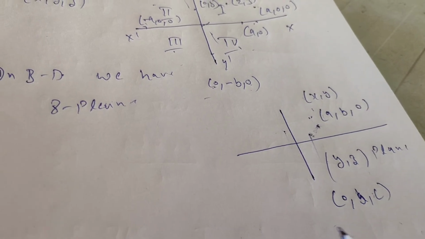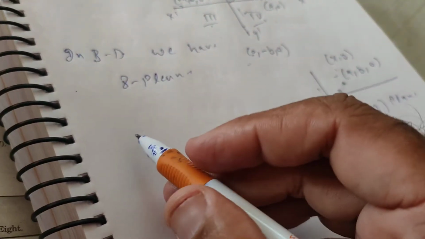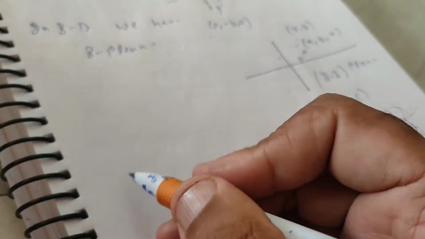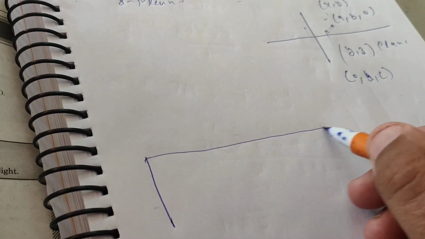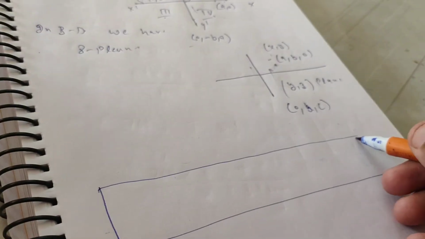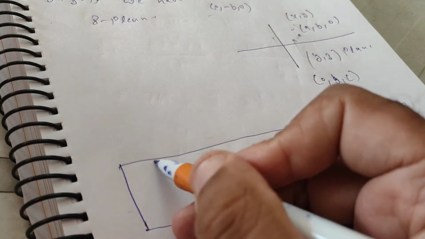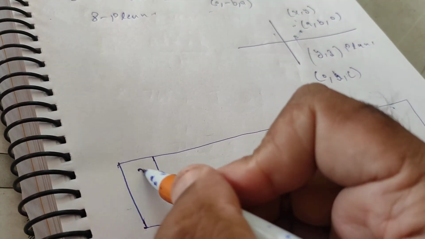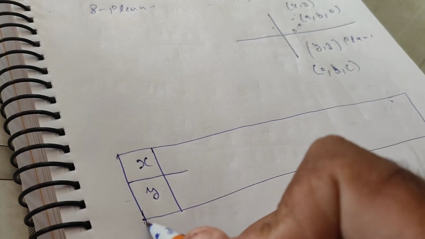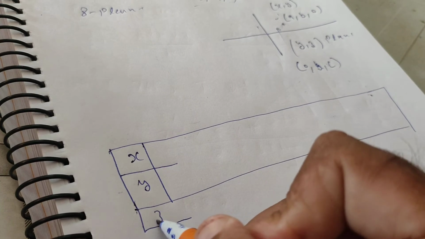Simple, just. Okay, how would you identify the 8 octants? Simply, this is our x axis, y axis and z axis.